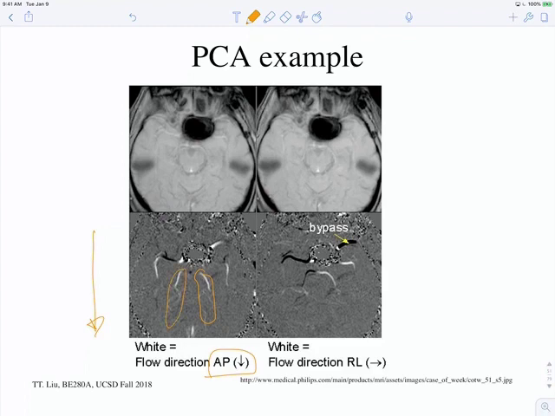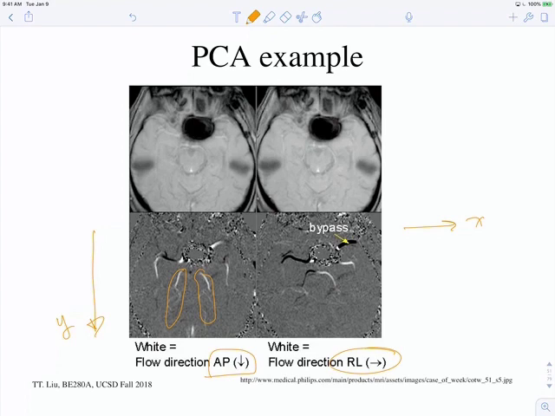Let's say this was the y direction; we would apply gradients in the y direction to sensitize ourselves to flow in that direction. Let's say this is the x direction; here we want to sensitize ourselves to flow going left to right, so we apply a gradient in this direction.